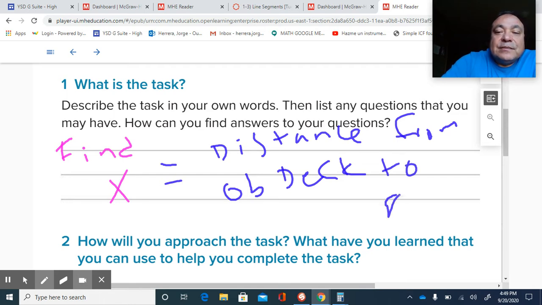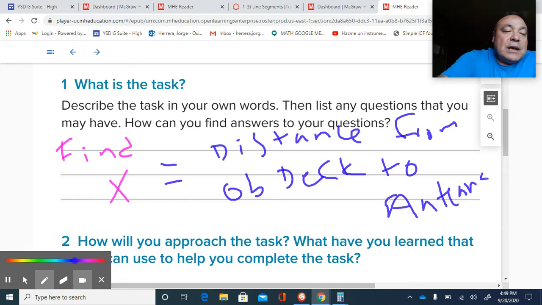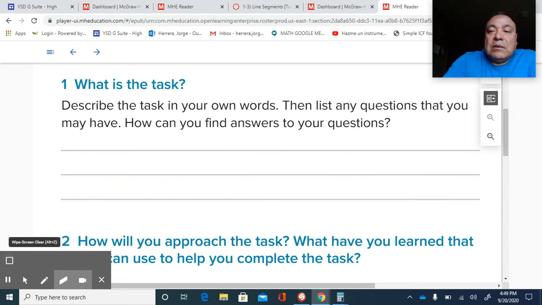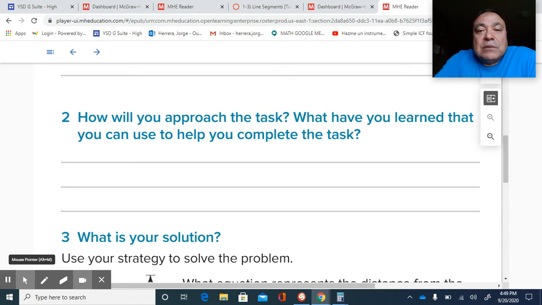That's the unknown. Okay. So with that in mind, guys, you can pause it. How would you approach the task? What have you learned that you can use to help you complete the task?